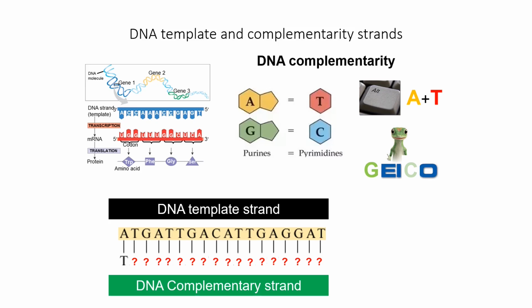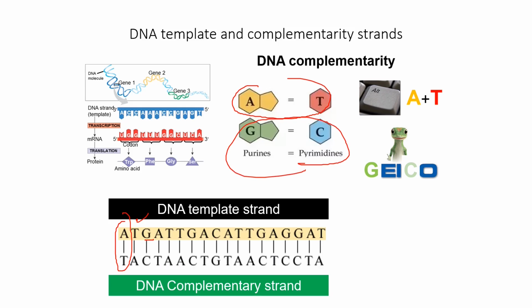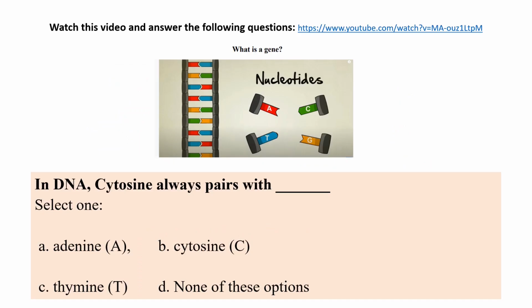The complementary in the DNA of A is T, so A here is T. The complementary of T will be, we said, A. The complementary of G will be, we said a second ago, C. And you can continue like that. So I can ask you one of those questions in the test.